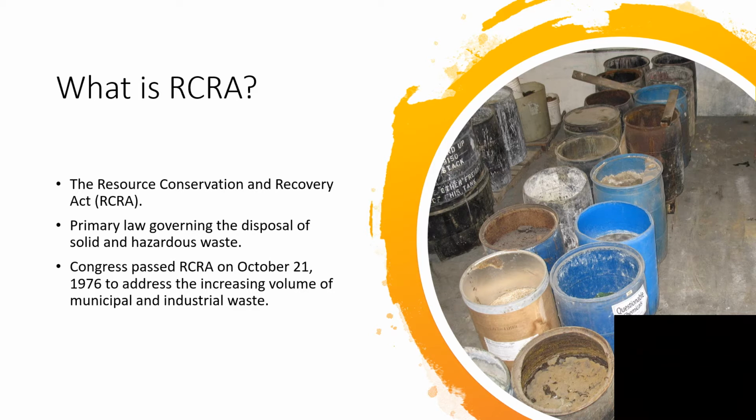Congress amended this law in 1970 by passing the Resource Recovery Act. And again, they further protected the environment by passing in 1976 the Resource Conservation and Recovery Act, also known as RCRA. The majority of hazardous waste regulations are derived from this.